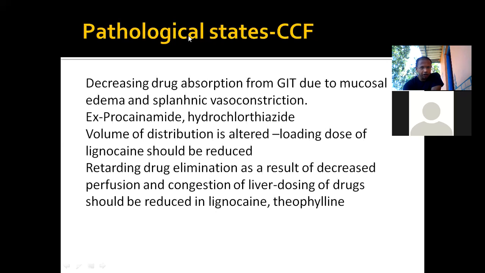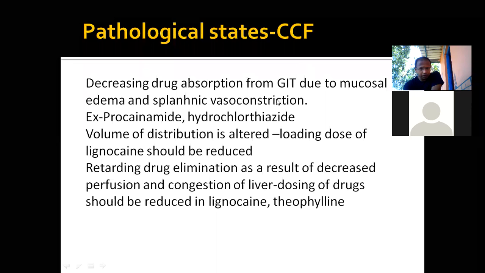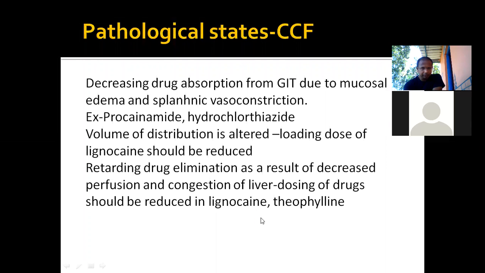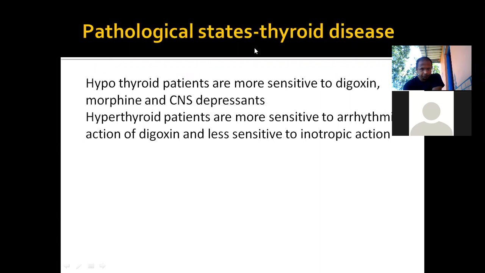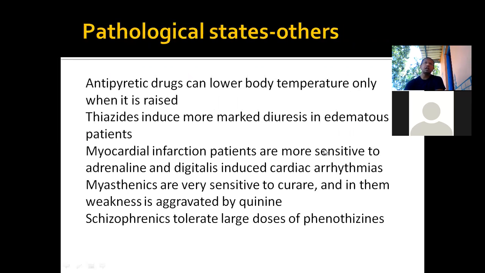In congestive cardiac failure, the drug may not reach the site because of congestion. In hyperthyroidism, the person is hypertensive and more sensitive to digoxin. In hypothyroidism, the person is less responsive to the drug. If the person is under depression, the serotonin levels are less, and the person will have other problems like constipation.